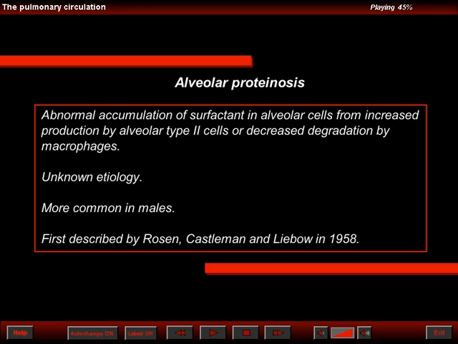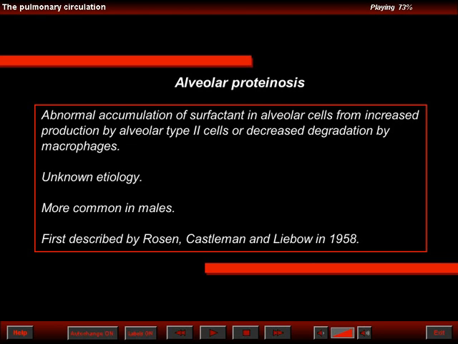So either we see excessive surfactant formed by pneumonocyte type 2, or normal formation but decreased resorption. We also know that in alveolar proteinosis, the etiology of this process is not known.